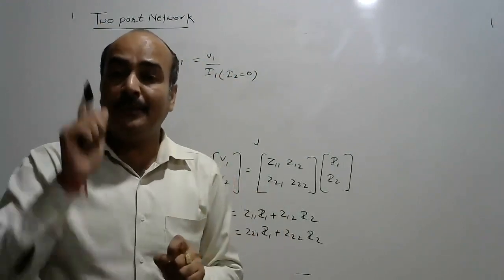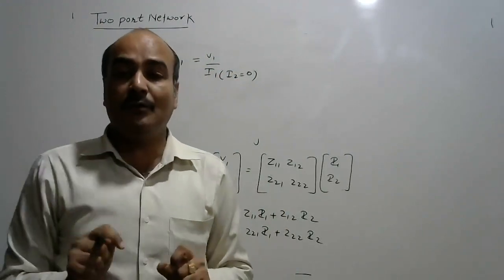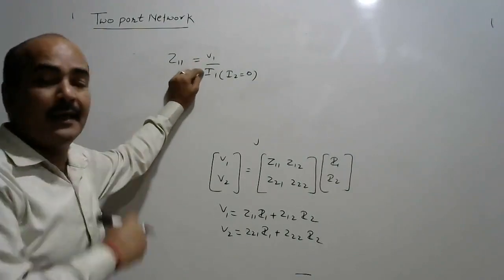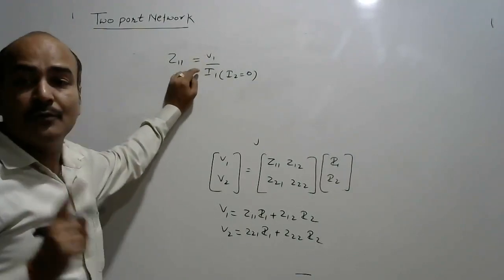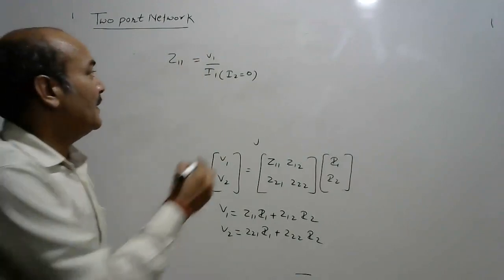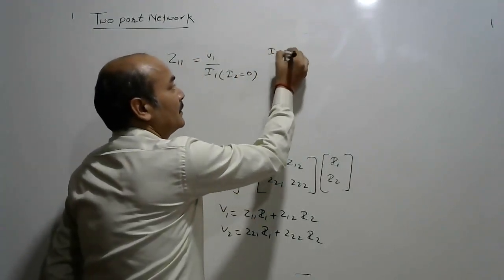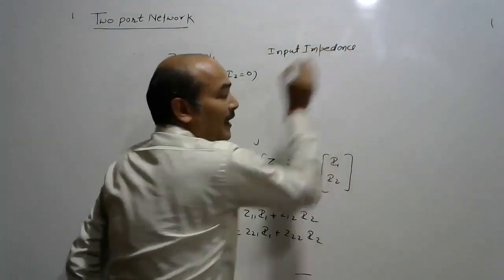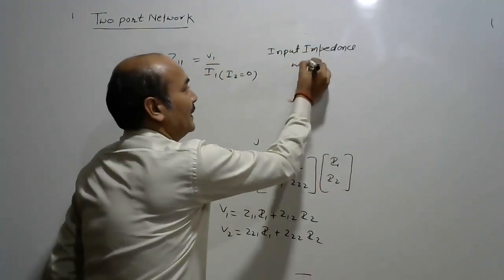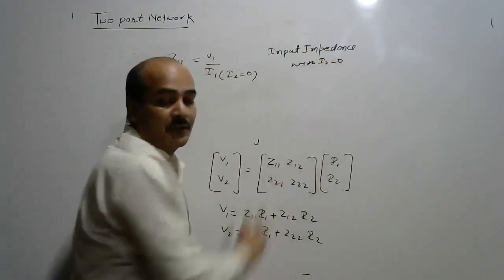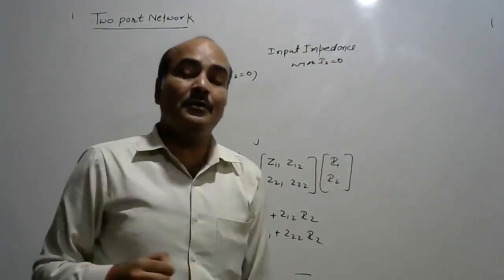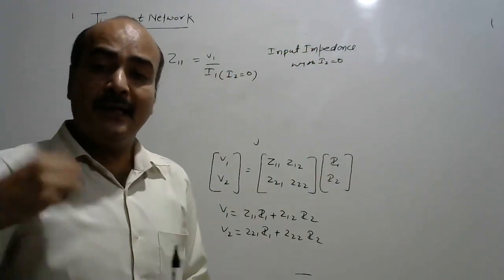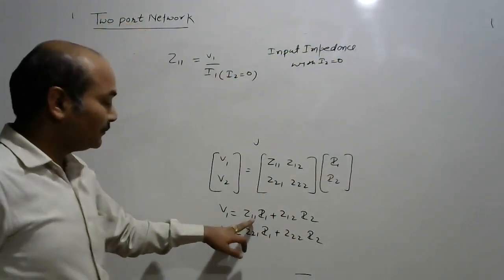V1 and I1 represent the voltage and current of the input port, and the ratio is known as the impedance. So Z11 is known as the input impedance where I2 equal to 0, meaning the output port is open. So Z11 is not just the input impedance, it is the input impedance with the output port open circuit.